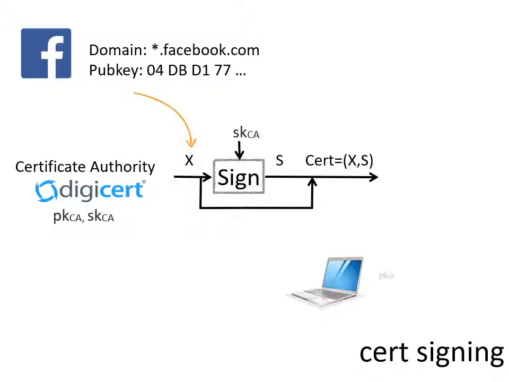This will be a certificate that is signed by the secret key for Facebook. And so I can then look at this certificate for Facebook and verify the signature here with this public key. And then I can look at this certificate, and I can use the public key that I already know to verify that this signature comes from DigiCert. So this lets me have a whole chain.